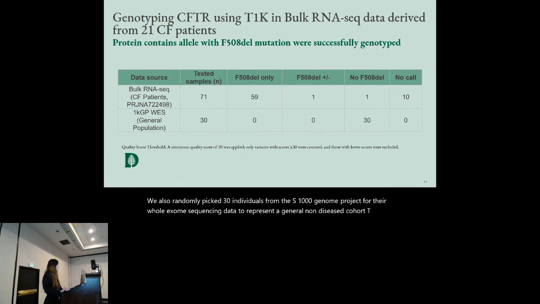T1K generated confident allele calls in 61 out of 71 samples. 59 were called F508 deletion only, 1 heterozygous, and 1 non-F508 deletion. 10 samples just had insufficient read coverage. These results illustrate that T1K can robustly recover clinically important CFTR genotypes directly from the RNA sequencing data. And none of the controls has F508 deletion genotyped.